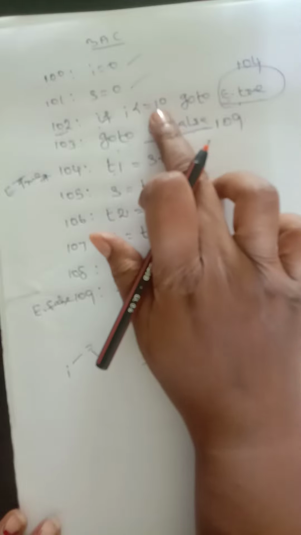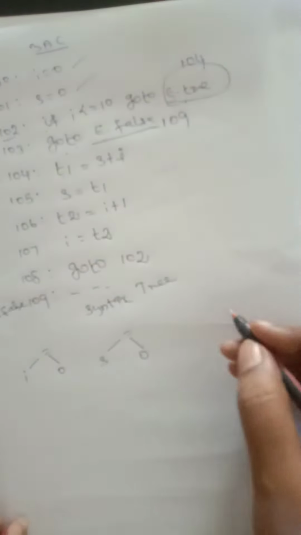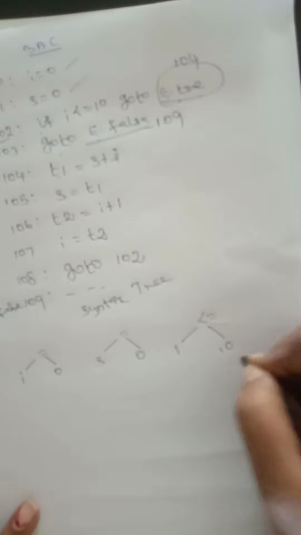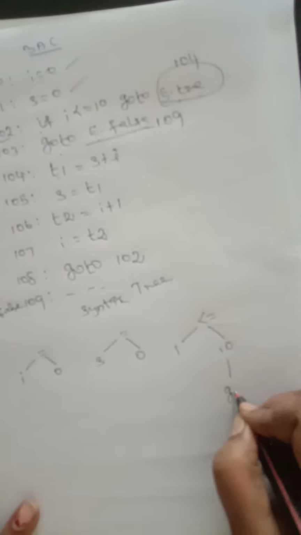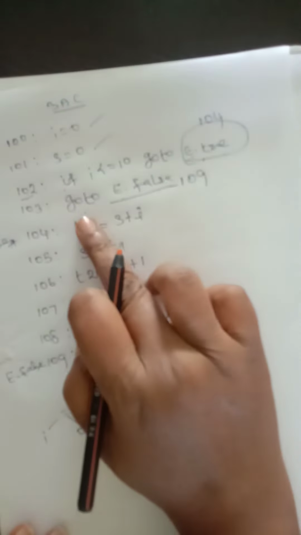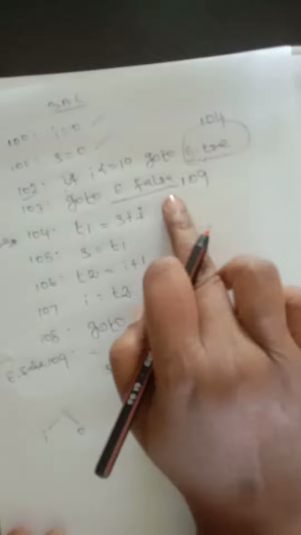Where does it go to? The address line 104. Go to address line 104 for this statement. What's the next statement? Go to E dot false.